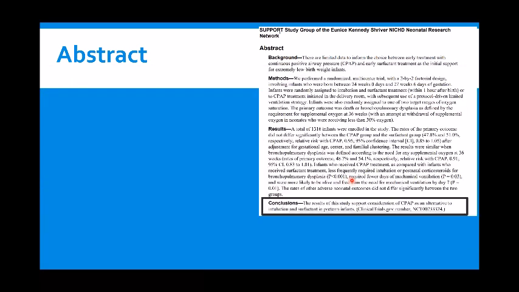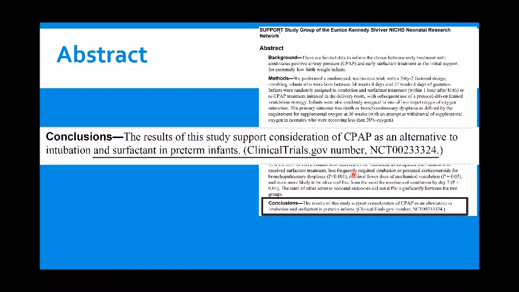And then the conclusion. And you can see this conclusion is very short, and you know that there is no hook, there is no exaggeration, they're just telling you the facts. They're not exaggerating, saying, okay, leave the surfactant, just do CPAP. They're not telling you that intubation and surfactant is replaced by CPAP, but they're simply telling you CPAP is a good alternative for intubation and surfactant in preterm babies.